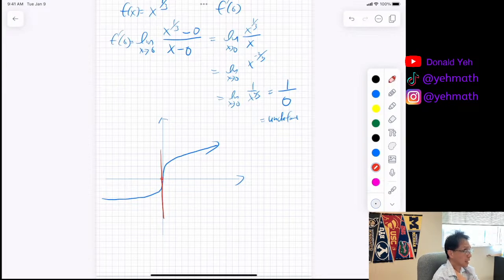I'm not saying this function is not differentiable. It's just not differentiable at 0. So this is why a vertical tangent is not differentiable, because you can actually see it with the alternative derivative. If I just take a derivative of this function, you're able to take a derivative. It'd be 1/3 x to the negative 2/3. But it does not show what's not differentiable here.